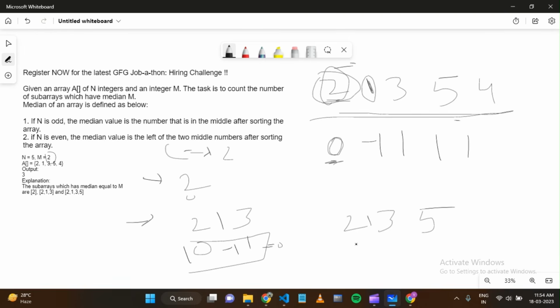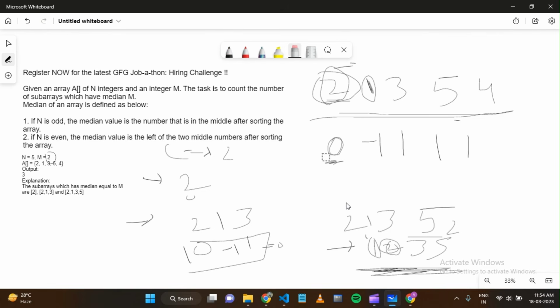In the case of the third subarray, which is 2 1 3 5, as I told you, if we sort it, we get 1 2 3 5. This is an even length array, and this will be the median, and the left element is 1, the right element greater than 2 is 2.